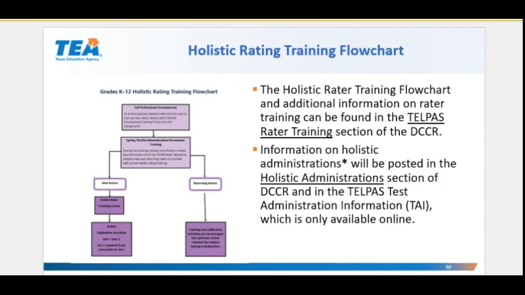For special holistic administrations of listening, speaking, and/or writing, new raters in grades 2 through 12 complete the online basic training course and a practice rating activity in the applicable domains. Listening and speaking are one practice activity, and writing is a separate practice activity.